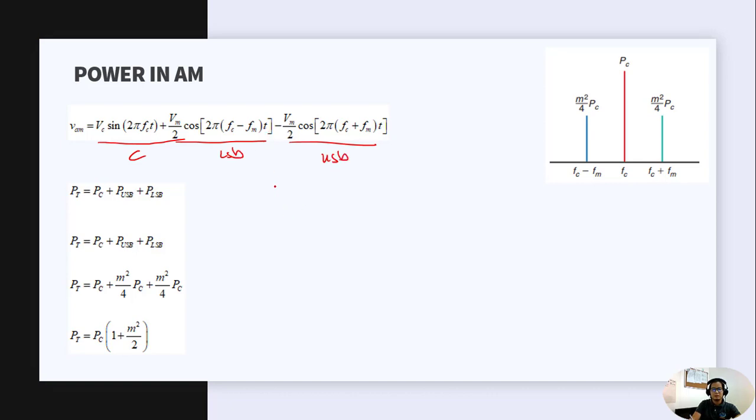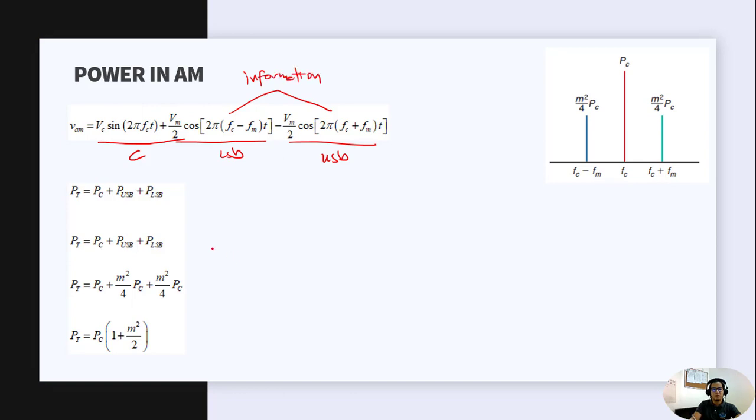But as you can see, yung information natin is contained lang dito. This is simply the carrier lang. It's the same doon sa pinaka-start. Diba? This is the equation of the carrier. Our information is contained here.